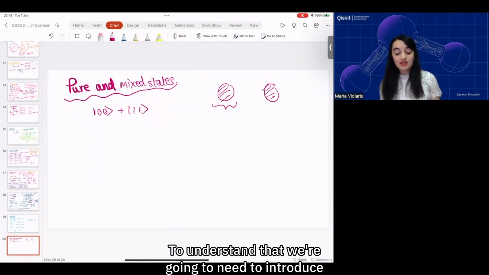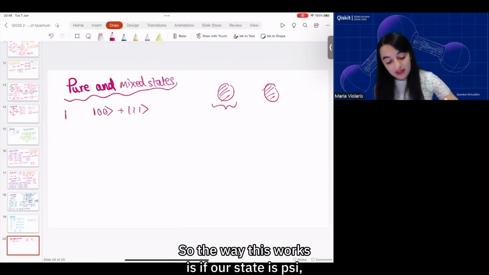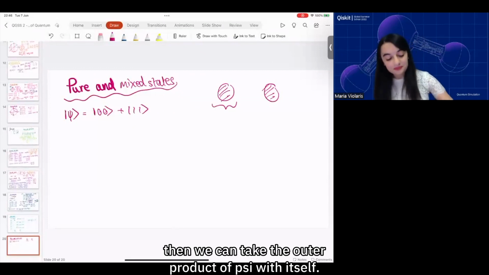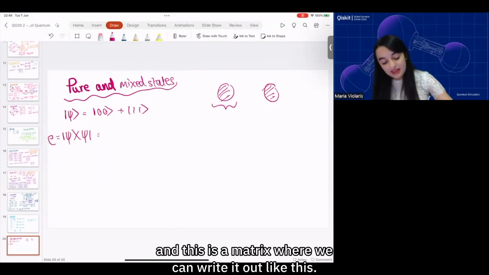To understand that, we're going to need to introduce something called a density matrix. The way this works is if our state is psi, then we can take the outer product of psi with itself, and we call this rho. And this is a matrix where we can write it out like this.